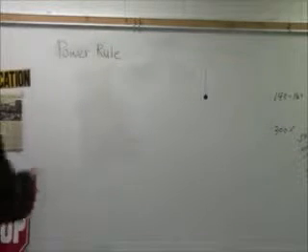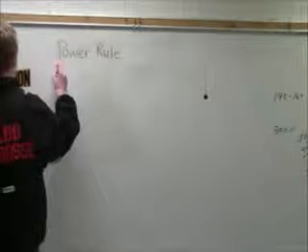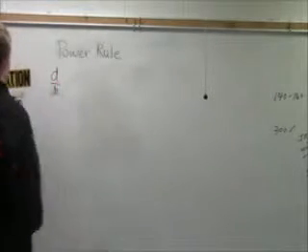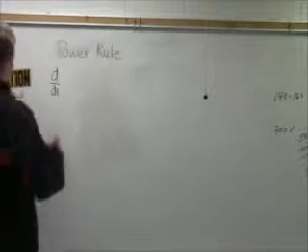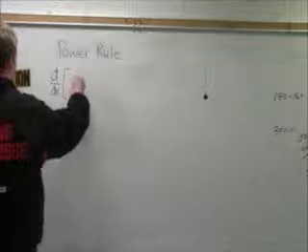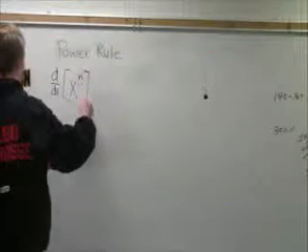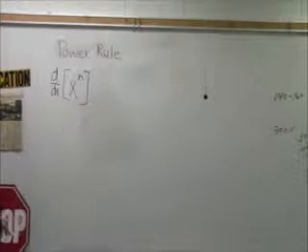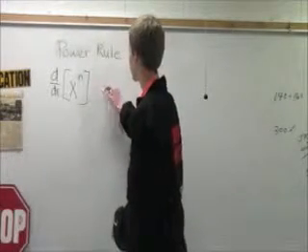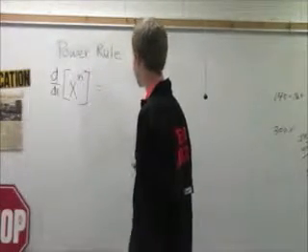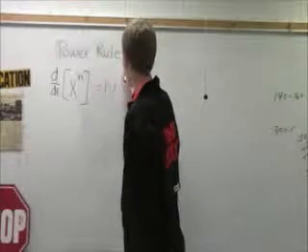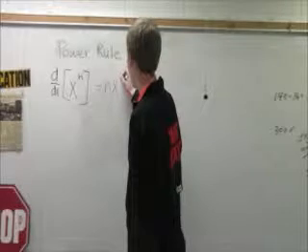d over dx of x to the nth is going to equal nx to the power of n minus 1.